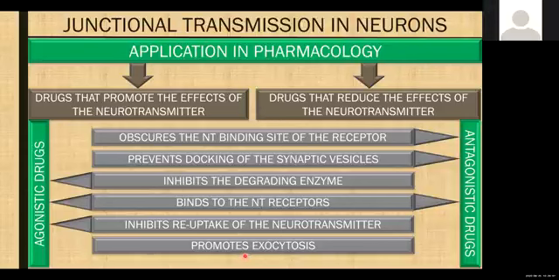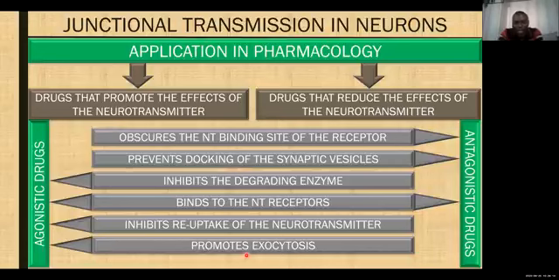Very good. It will have agonistic effect. And the reason is because, again, more neurotransmitters will be available for signal transmission. Good. That is the application of chemical synapse in pharmacology.